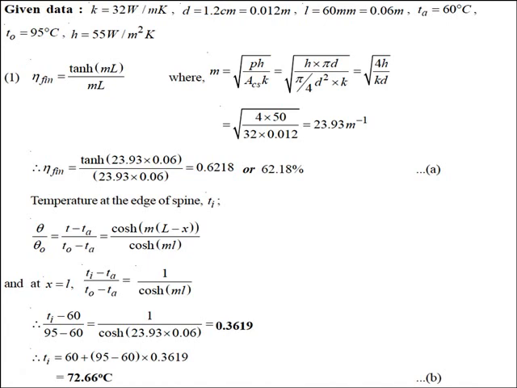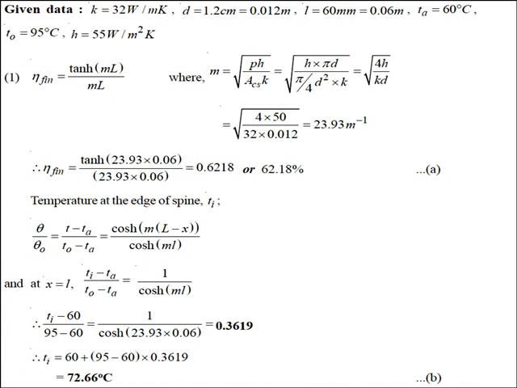When we put all the values, we will get the fin efficiency, that is 62.18%. That is our first required answer, in which the perimeter value is pi into d, whereas the cross section area is pi by 4 d square, where d is the diameter of the steel rod which is used as a fin.